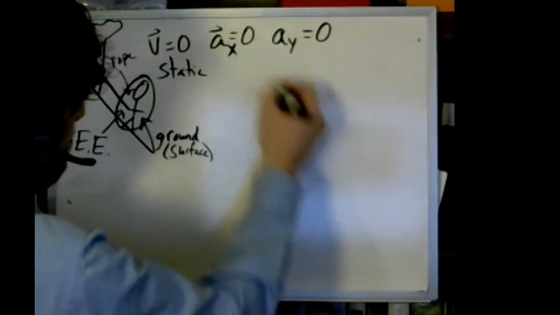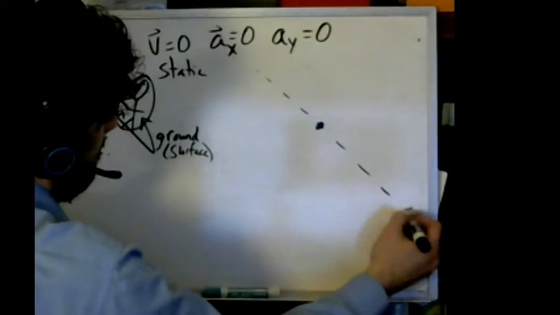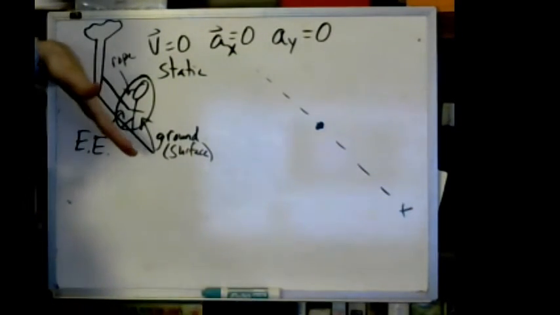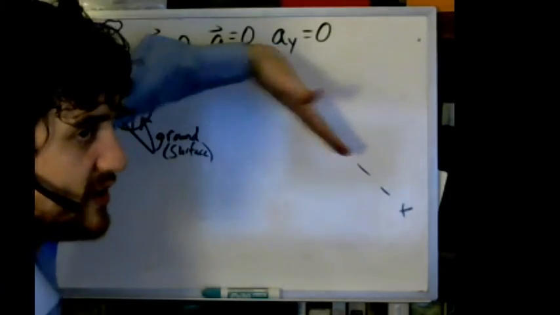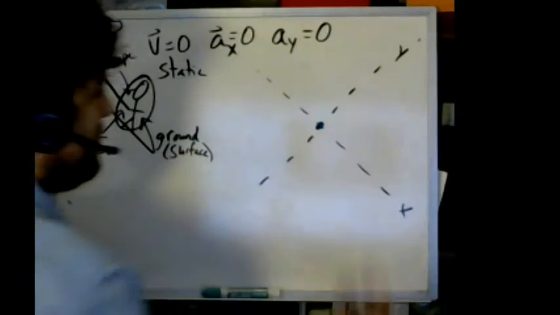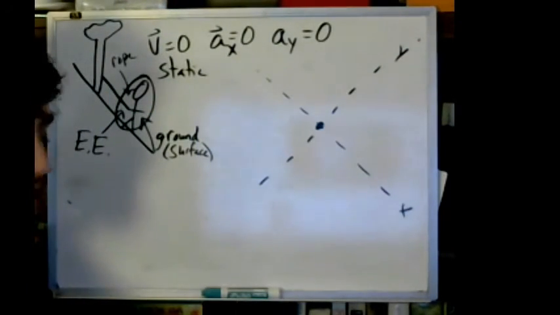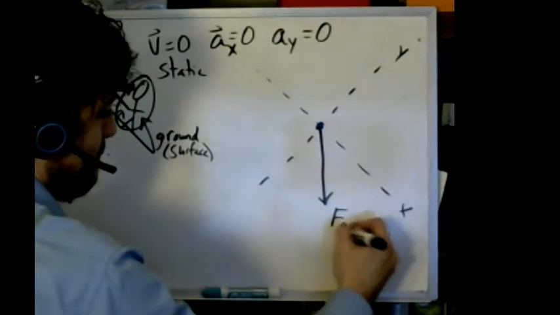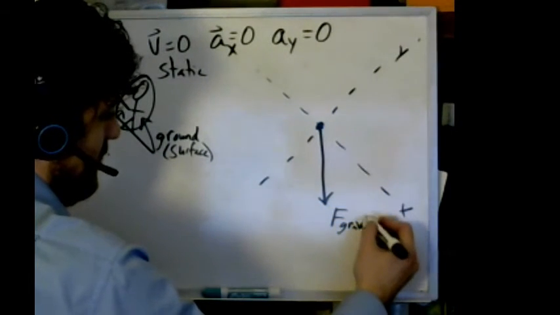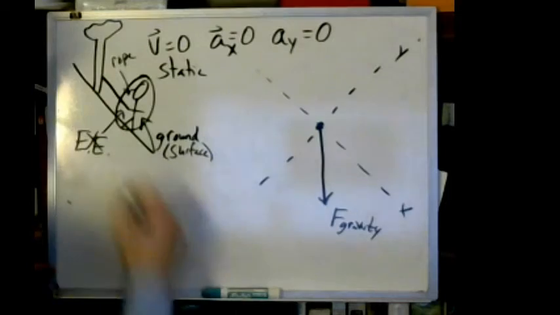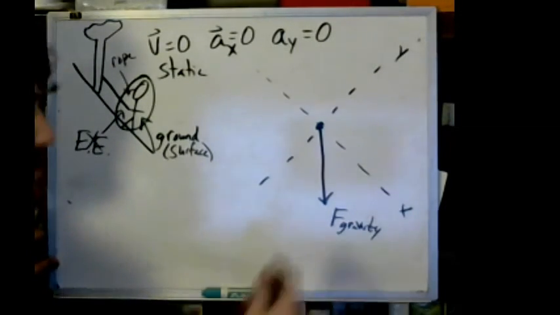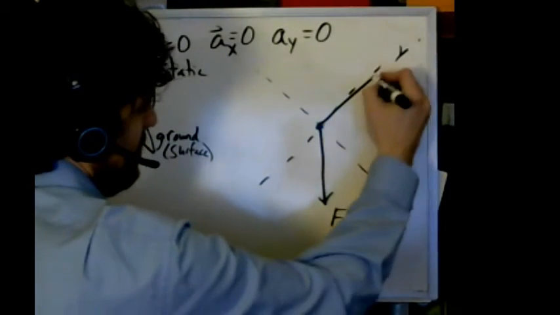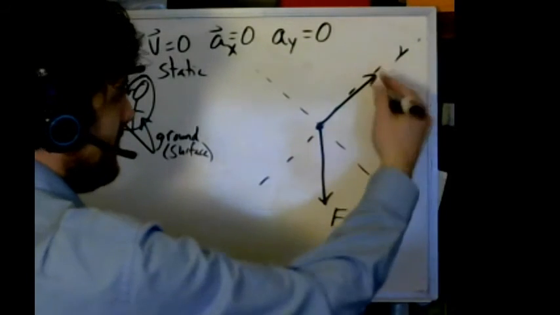We put in our x-axis parallel to the surface. Here's our surface. There's our x-axis. The y-axis goes in normal to the x-axis. Gravity pulls straight down. Earth is done. The ground exerts a normal force straight up off of the surface.